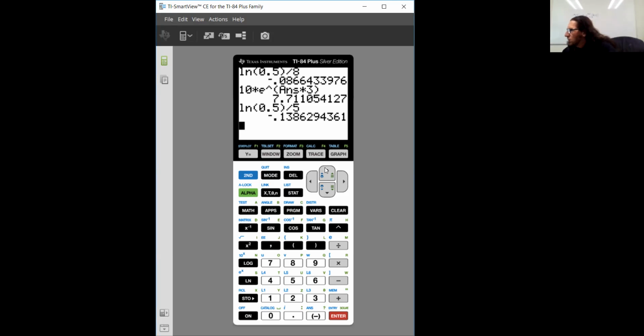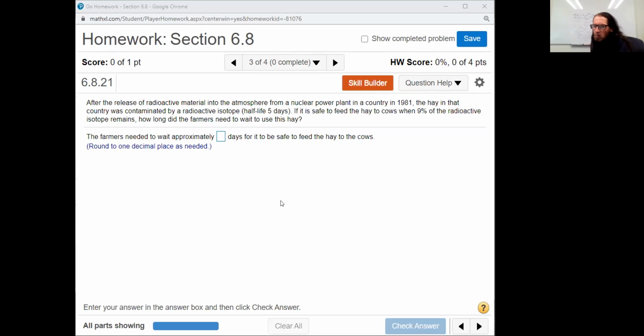Now, besides plugging that into the formula, we are then looking for, since we're told that it's safe to feed the hay when only 9% of the radioactive isotope remains, I'm going to convert that 9% to 0.09. We want to figure out the time that it's going to take to have that 9% of the initial amount.